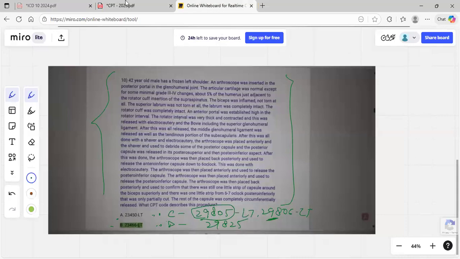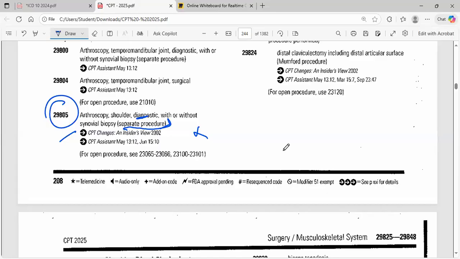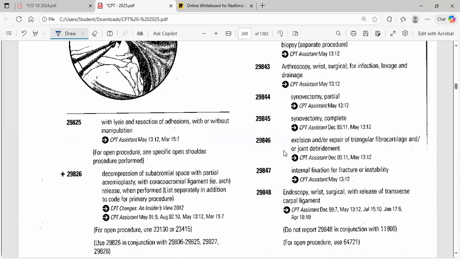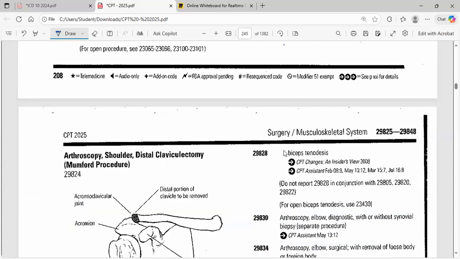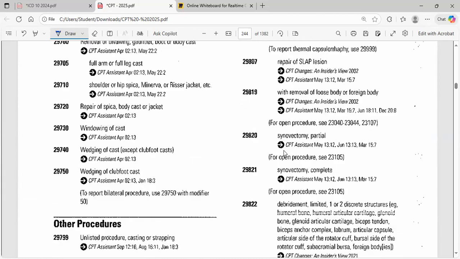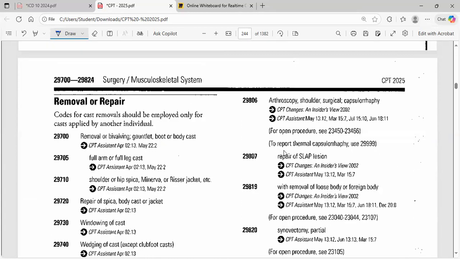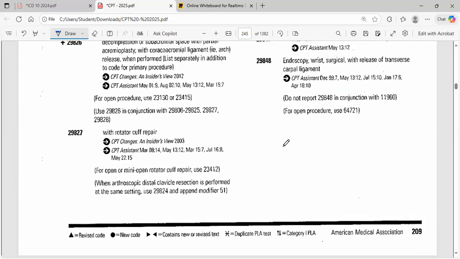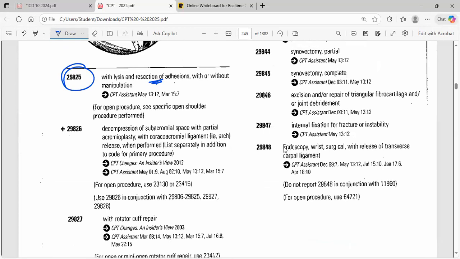Now the last option is 29825. 29825 is lysis and dissection of adhesions with or without manipulation. The parent code for this code is arthroscopy shoulder surgical with lysis of adhesions.